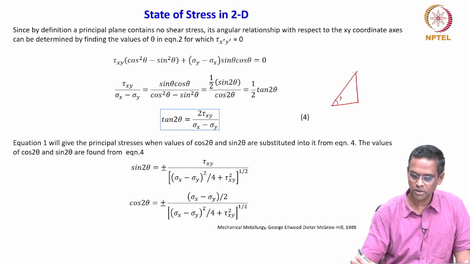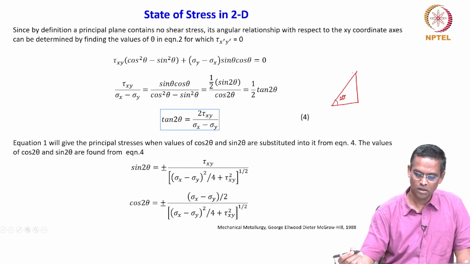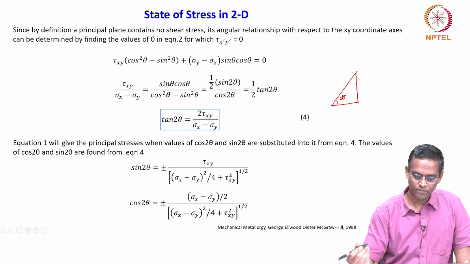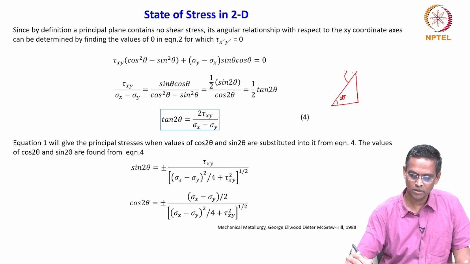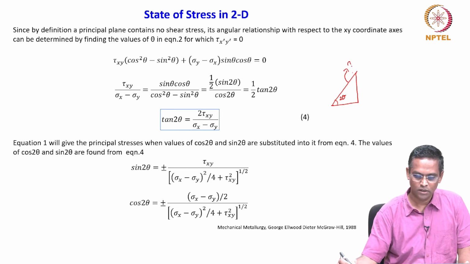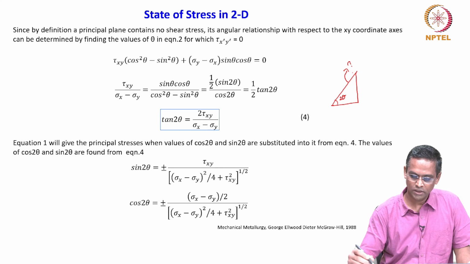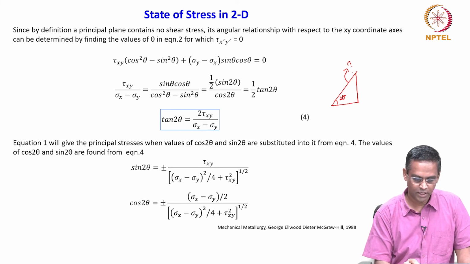Suppose you assume this as 2 theta. From this relation you will be able to find this using the Pythagoras theorem, and so you will be able to find sin 2 theta.